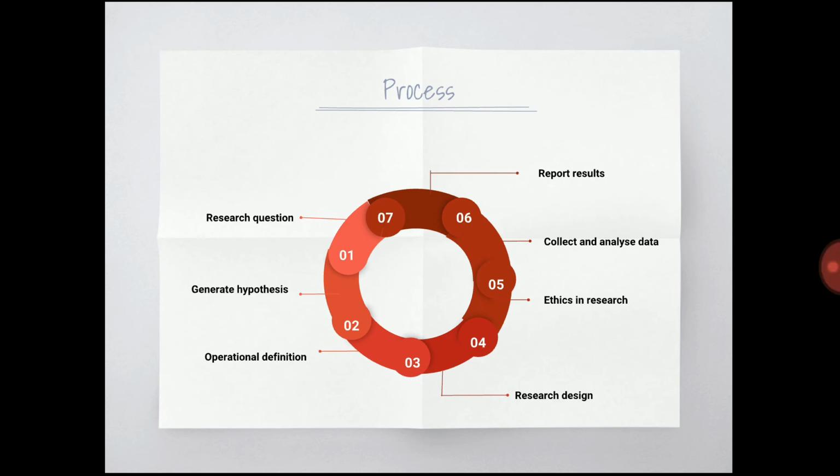Now the research design, like I mentioned before, is based on my research question and the goal of that research. So whatever the goal is, whether it's description, explanation, prediction, or application, will define what my research design will be like.